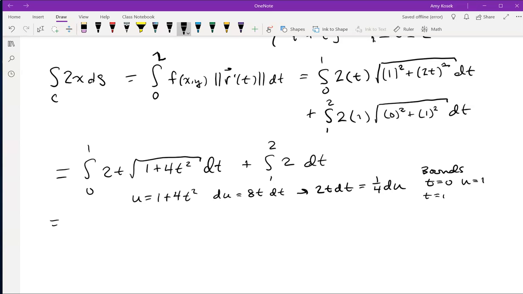And when t is 1, u is going to be 1 plus 4 times 1 squared, which will be 5. So we're now going to have the integral from 1 to 5 of 1/4 times the square root of u du. And then the second integral is just integrating 2, so that'll just become 2t. And we're going to evaluate that from 1 to 2.